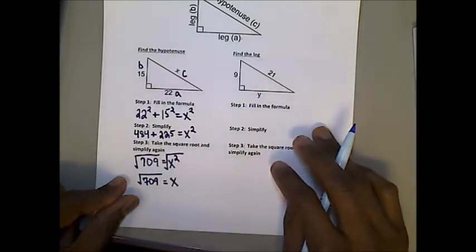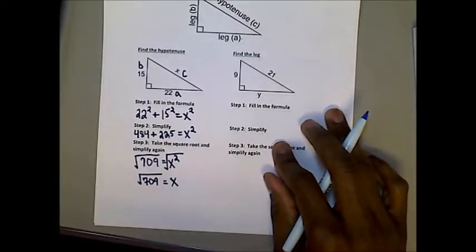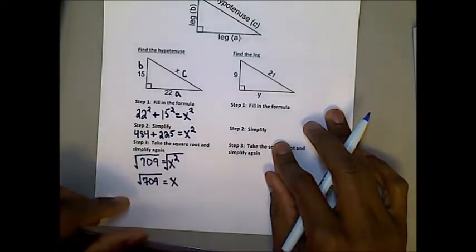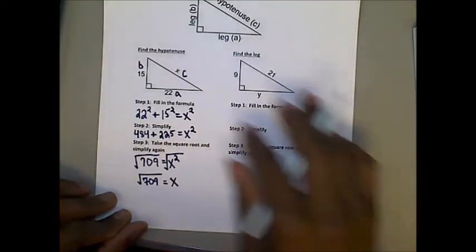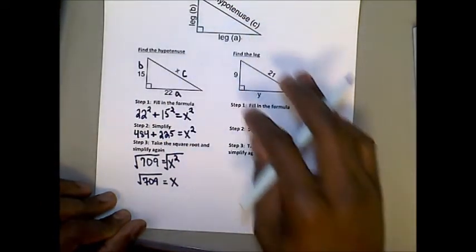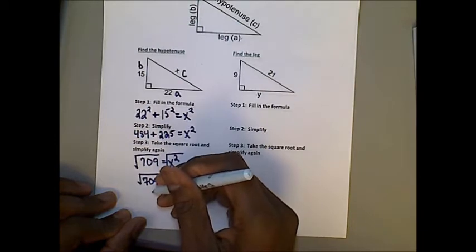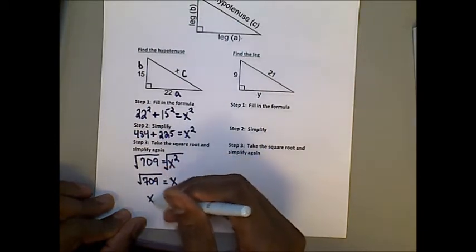709. Okay? And if you want to evaluate that even further, if you want to take the square root of 709, you get 26.62 as a decimal. I'll just go ahead and write it down here. This step below here is optional.